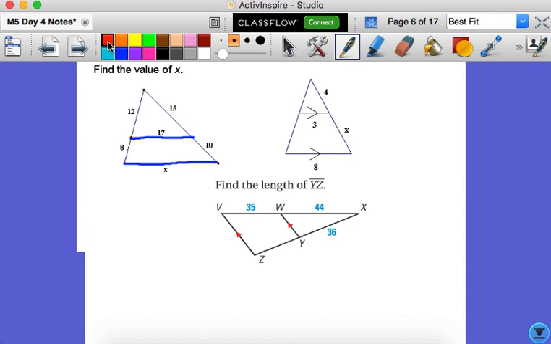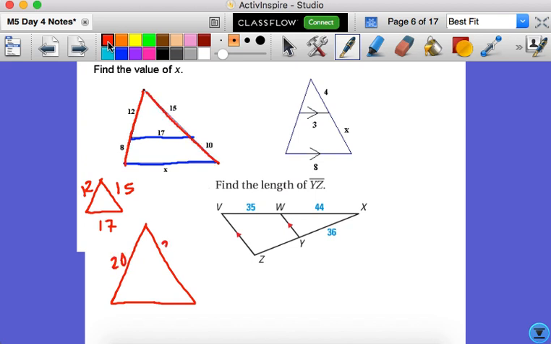So because x is on that parallel base, what I'm going to do instead is look at the two triangles. I've got 12, 15, and 17. And then if I look at the entire triangle, I've got 20, 25, and x. And because of the parallel lines that we have here, these are two similar triangles by angle-angle similarity, as we talked about yesterday.